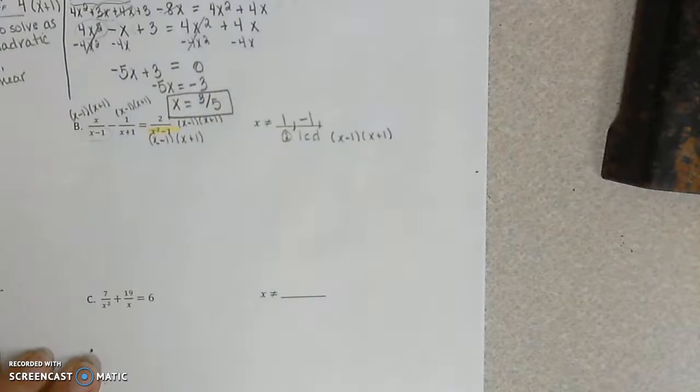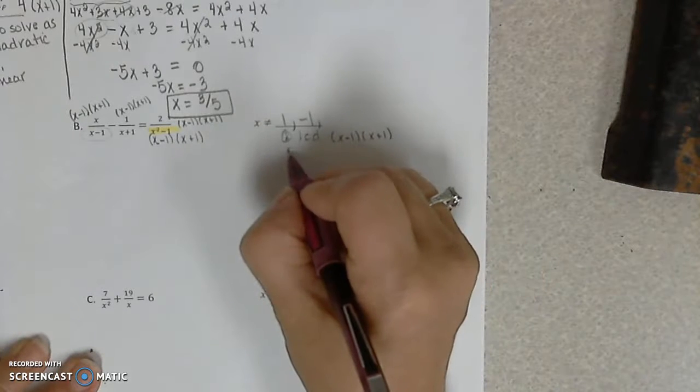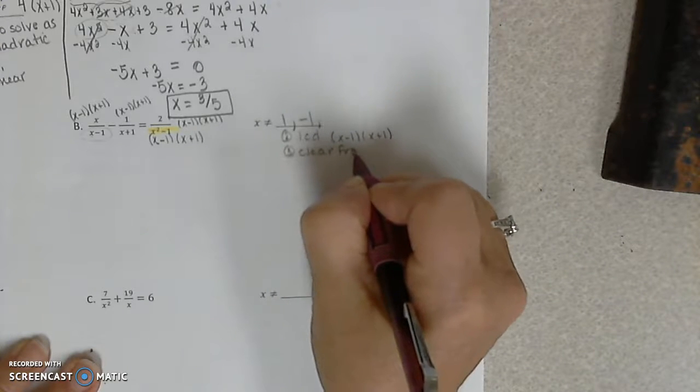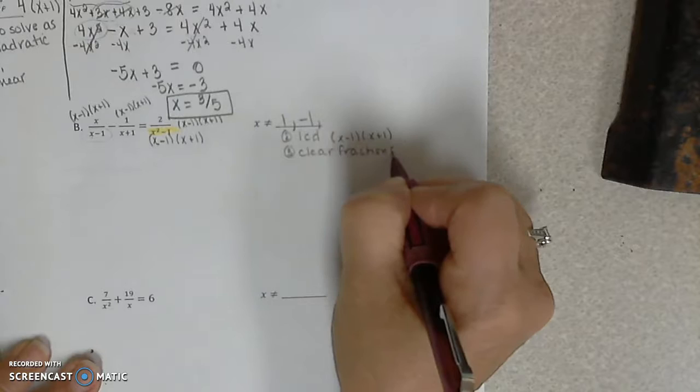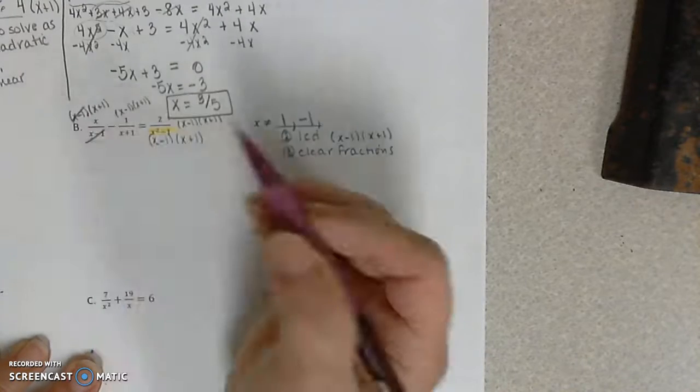Kind of running out of room there. And then clear fractions. So over here, let's clear our fractions. And once we do that, we have x minus 1.